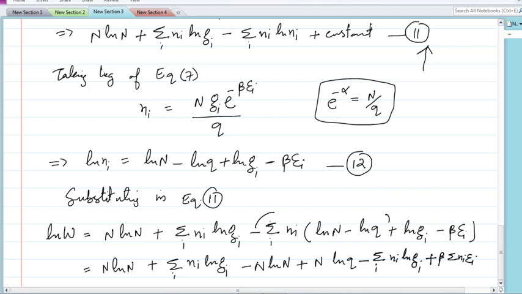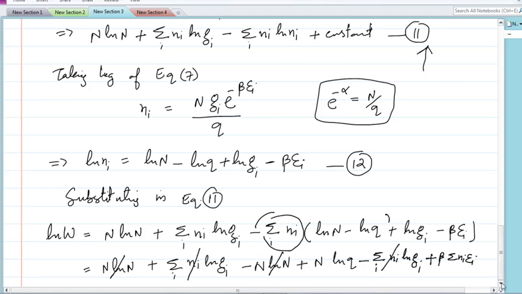We are just multiplying this term to all the terms. Okay, here you will see this N ln N and minus N ln N will go, also this term minus summation i ni ln gi and summation ni ln gi will cancel out.